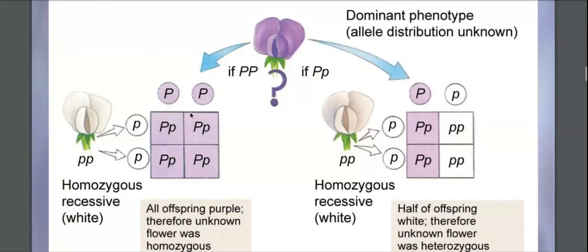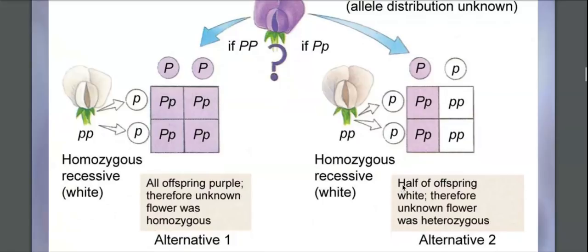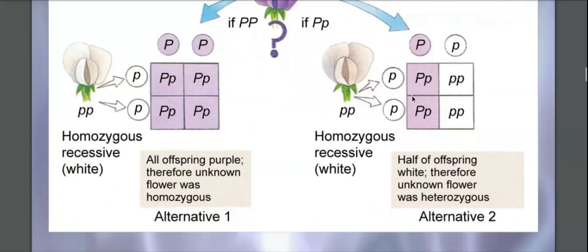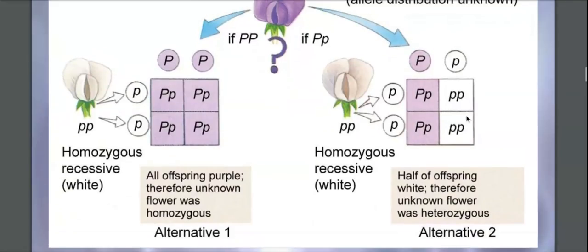That means 100% of the plants are purple. Whereas if it was a heterozygous purple plant, you will get one capital P and one small p in the gametes. When you fill in the Punnett square, this will be capital P, small p, this will be small p, again here small p, small p. So half of the offspring will be purple, and the other 50% will be white.